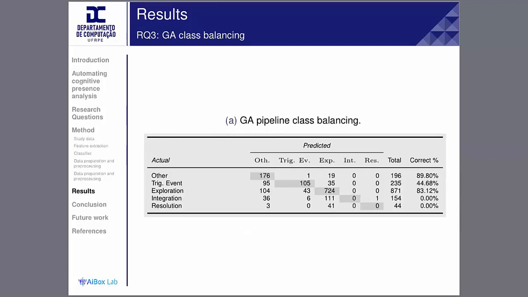But we can see that considering the triggering events, the classifier was able to hit more instances correctly. This can be explained by the number of features related to LIWC, right? So the classifier was able to hit more instances in this class.